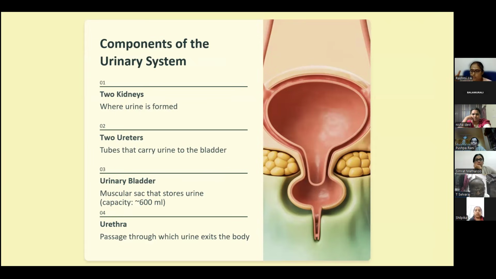Then two ureters, starting from the kidney and ending in the urinary bladder, one from each side. Then a muscular sac, your urinary bladder, where the urine is stored, approximately 600 ml. Then the urethra is the tube through which the urine comes out of the body.